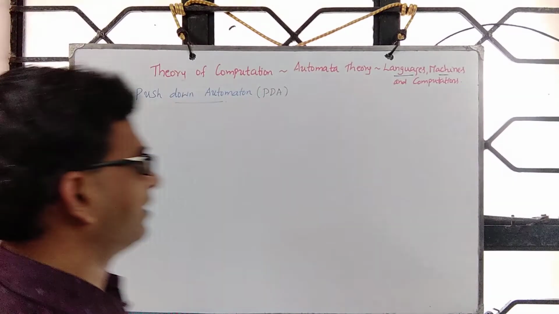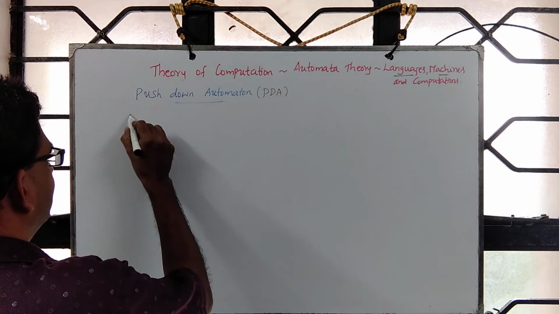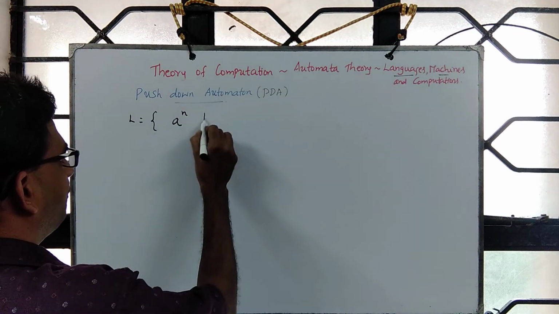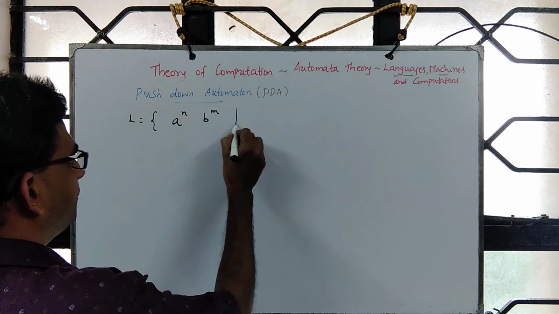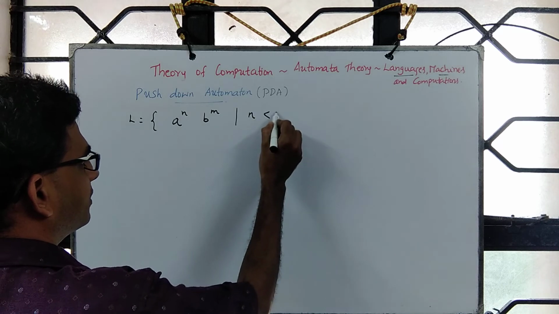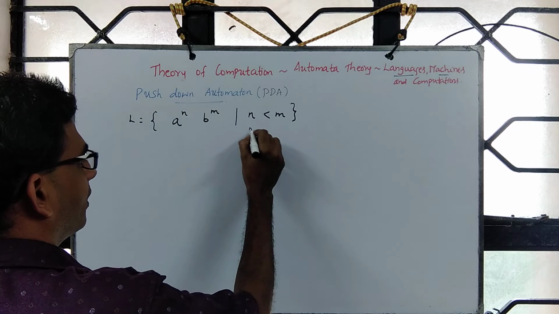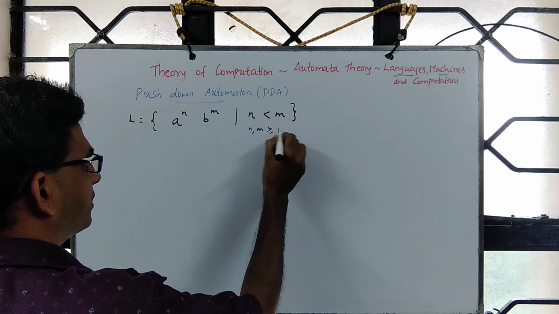Our next language for discussion is the following: a power n, b power m, where n is strictly less than m, and n comma m is this.